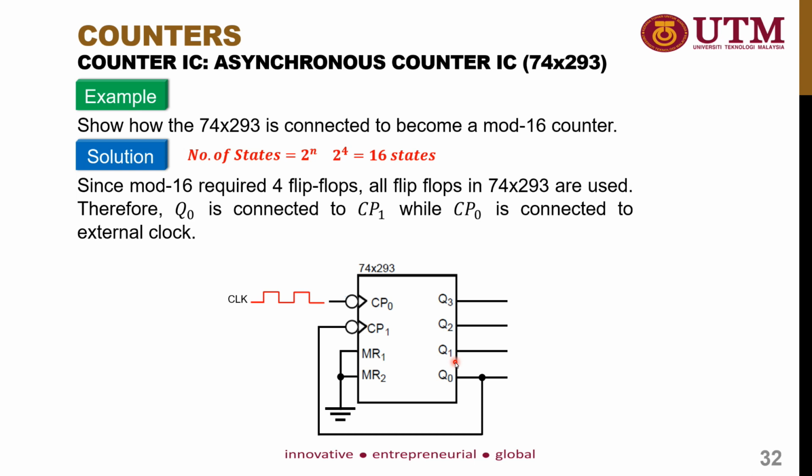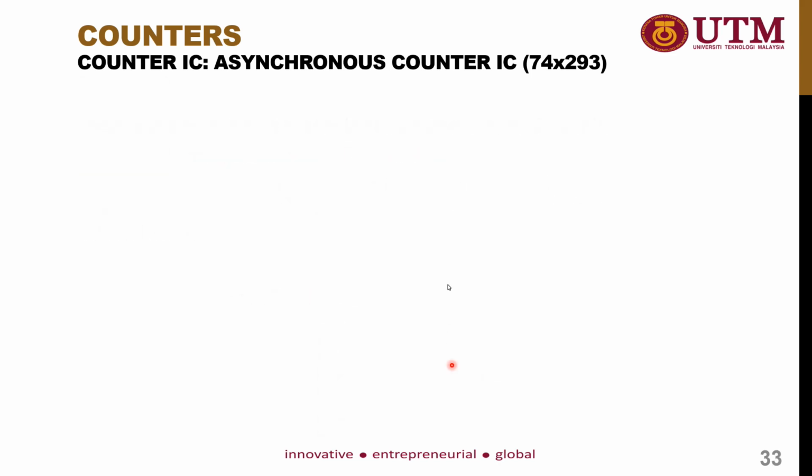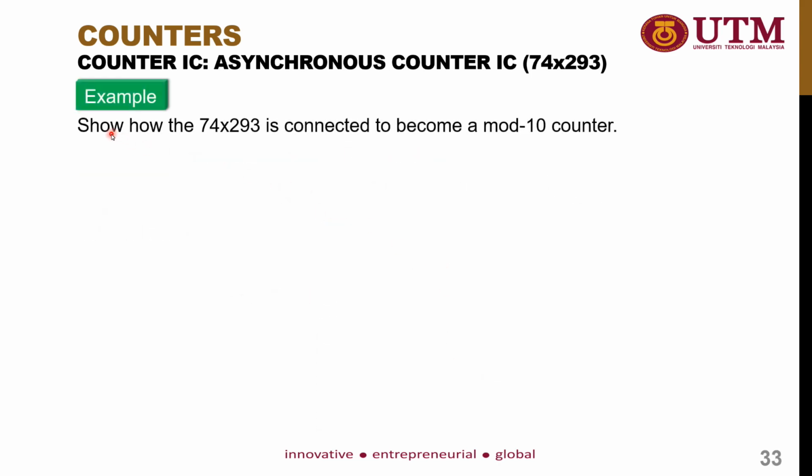Okay, so next example, you need to show how the 74X293 is connected to become a mode 10 counter. So this time, this example wanted you to design the mode 10 counter. The previous slide showed you how to design a mode 16 counter, but how to design a mode 10 counter?